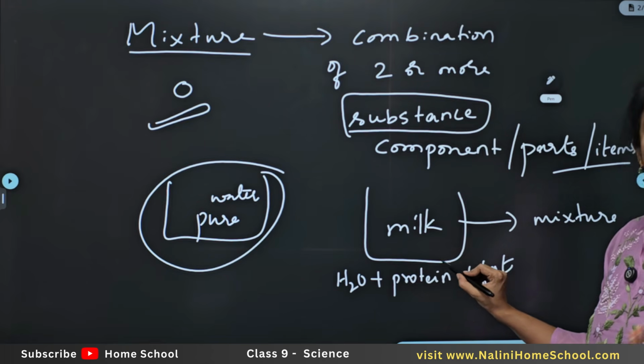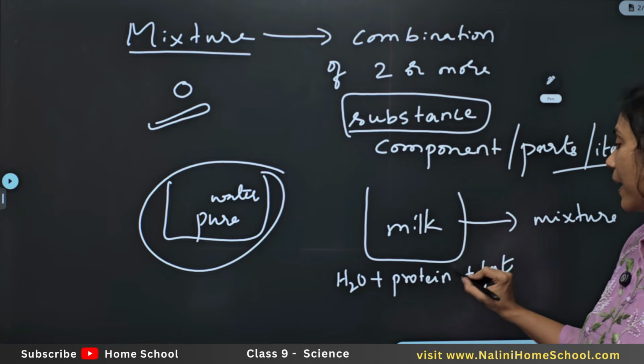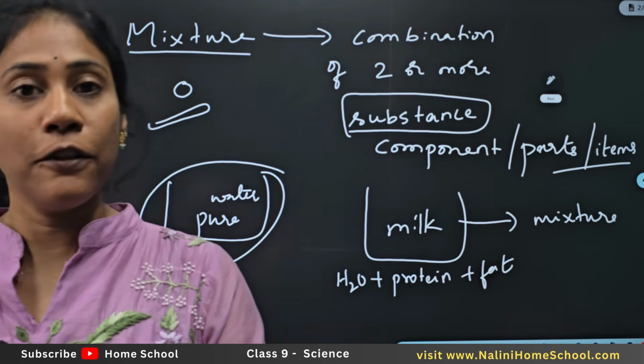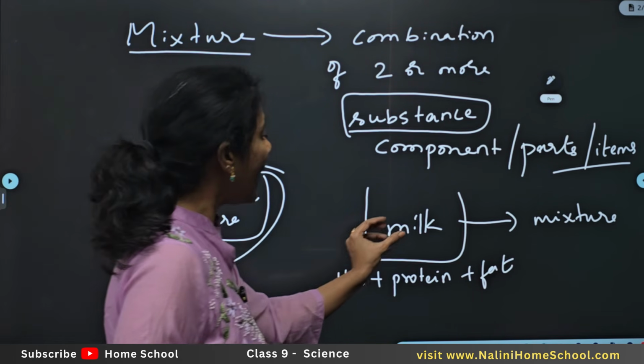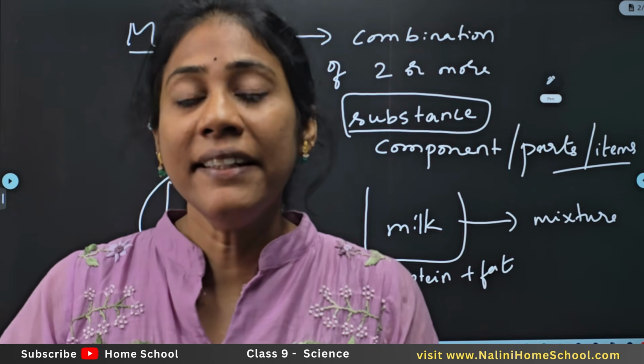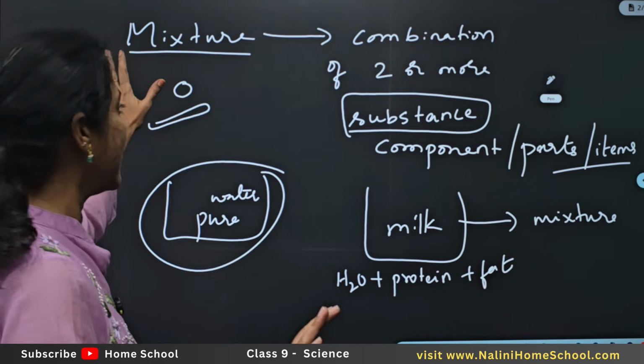Protein is a different kind of chemical, fat is a different kind of chemical, and water is a different kind of chemical. So different kinds of chemicals mixed together is called a mixture.